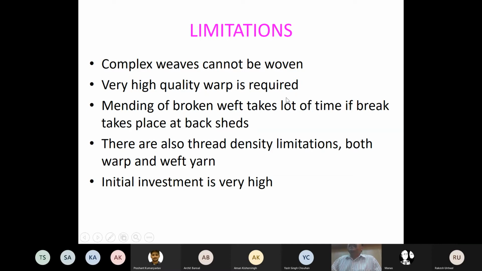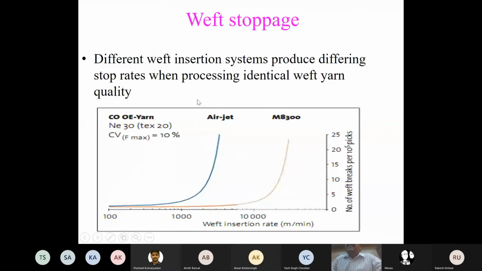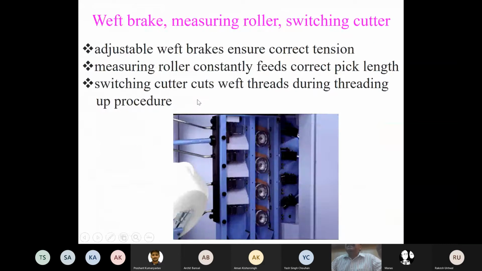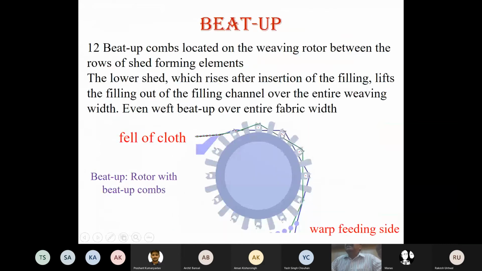Very high quality warp is required. The reason being, you can again see from the same machine, the yarn gets abraded every time over this. Look at the passage of warp yarn. In our conventional loom, the yarn is drawn through heald eyes and reed ends. These are the only 2 points where the yarn gets abraded.